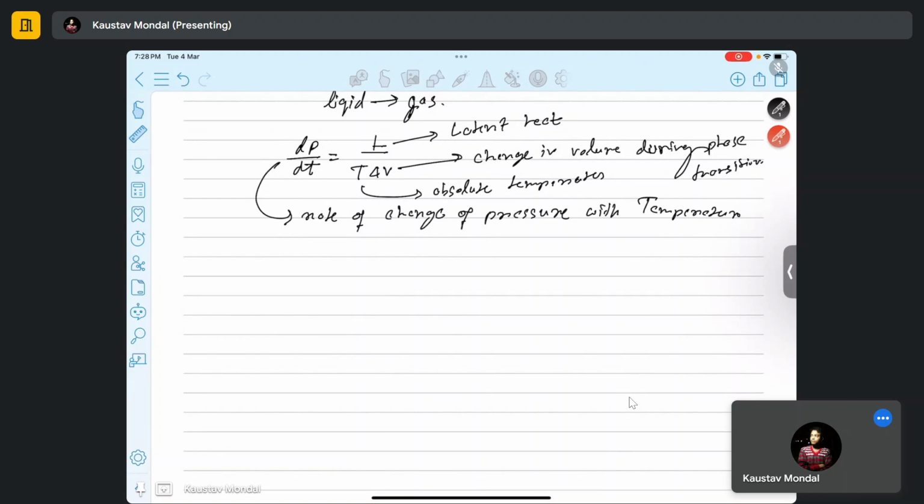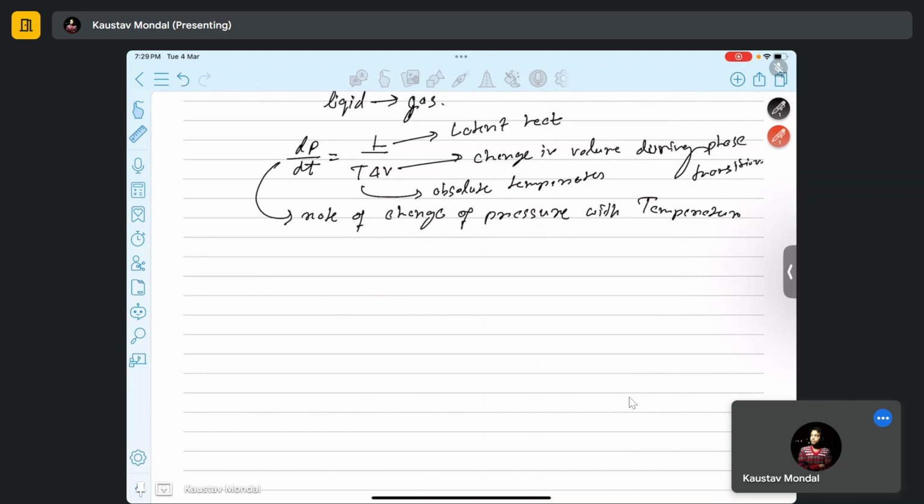So now in the problem, slope is given, dPdt is given, but we have to change the units.